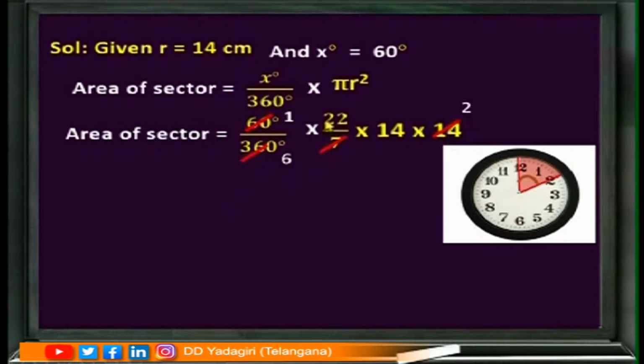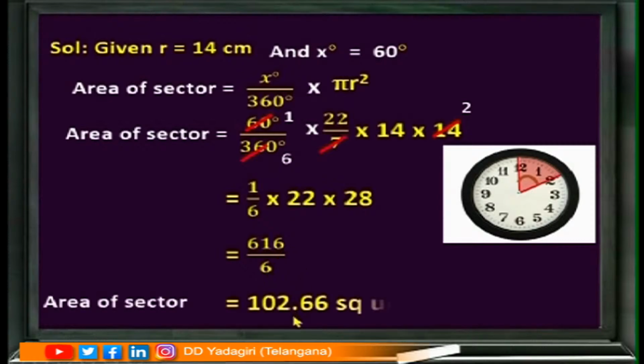Now if you multiply this, you will get 1 by 6 into 22 into 28. So 22 into 28 is 616 by 6, which is equal to 102.66 square units. So, this is the way to find out the area of a sector.